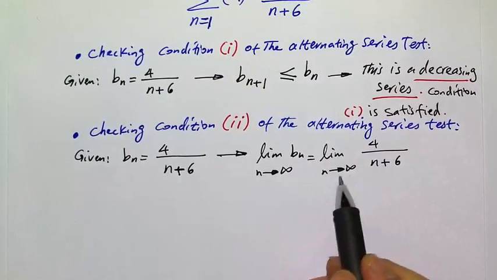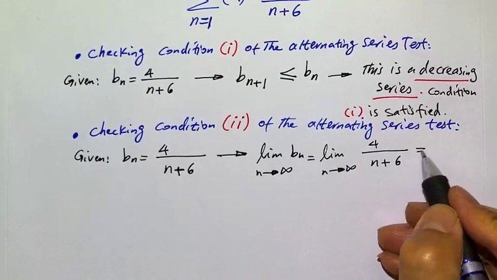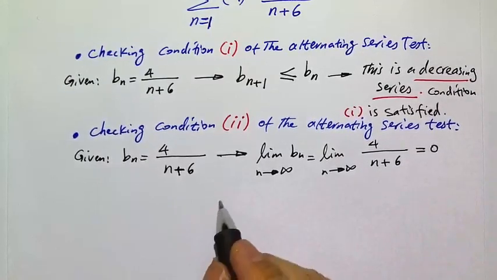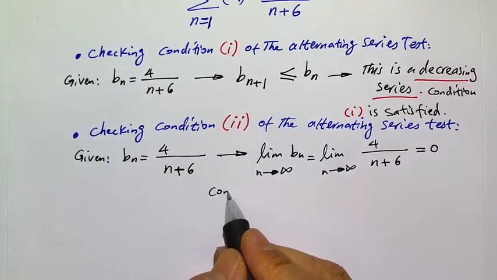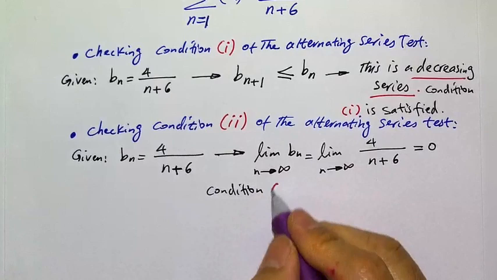It's clear that if you plug in infinity here, this whole ratio will go to 0. So condition 2 is also satisfied.